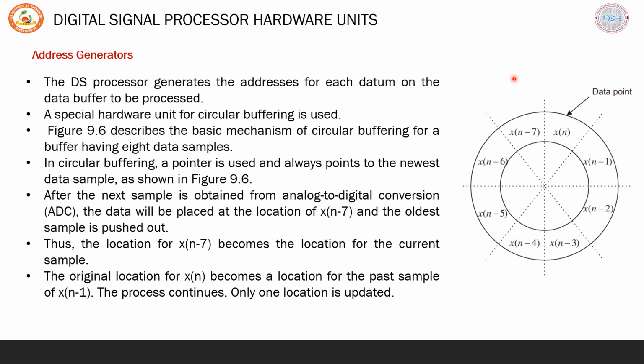That means that the data that was the oldest one is the first one to be overwritten. Having a circular buffer puts a restriction on the number of memory locations that you will be requiring. So with the finite number of memory locations, we can reuse the same memory location again and again and store the data.